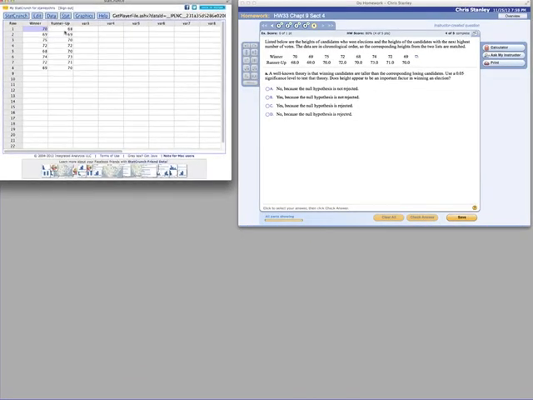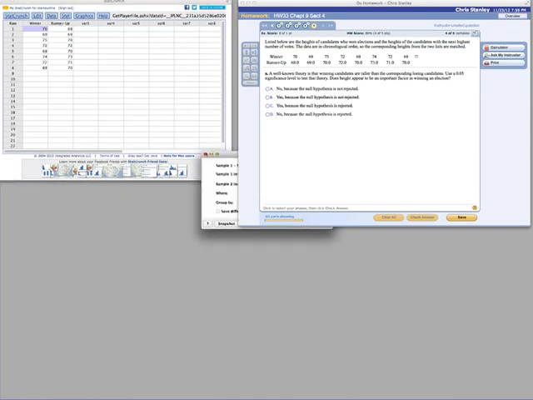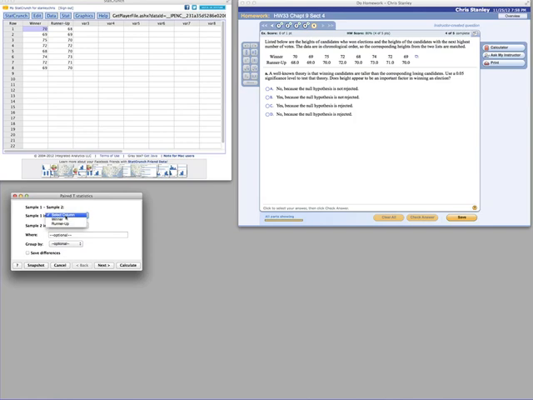Okay, so these are all the winners, these are all the runners up. This is a paired T. That's the winner, that's the runner up. Okay, so I want to say that the winners are taller than these people.